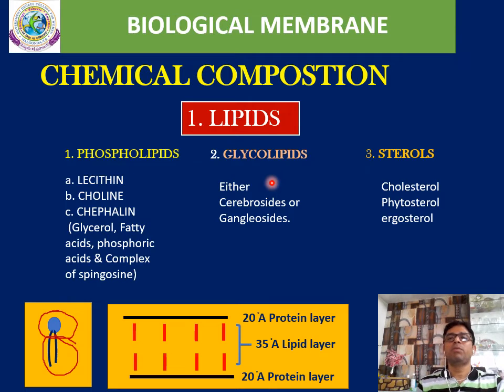The common examples are cholesterol, phytosterol, and ergosterol. Cholesterol is present in animals, phytosterols in plants, and ergosterol in ergot and yeasts.